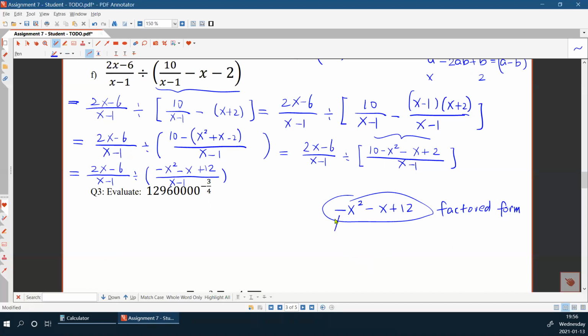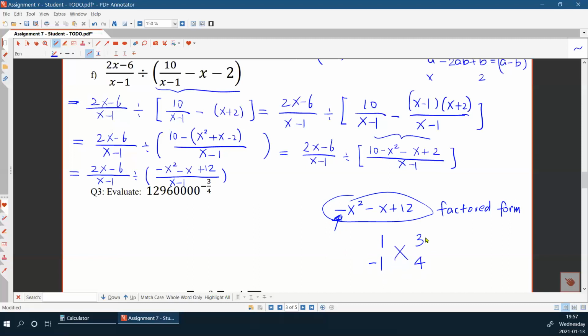First, we need to find a product of two numbers that is minus 1. Okay, this is apparently 1 times 1 is minus 1, right? So next time we need to find the product of 12. Okay, 3 by 4 is 12.